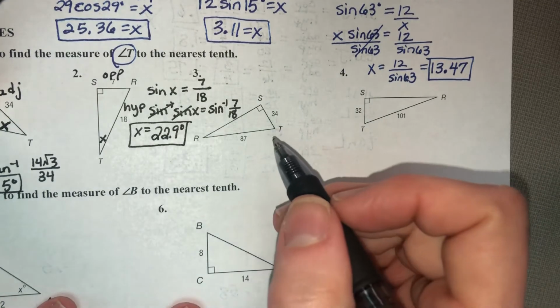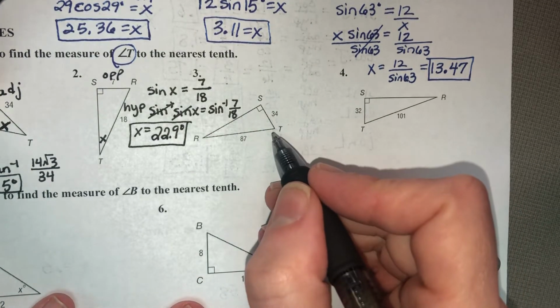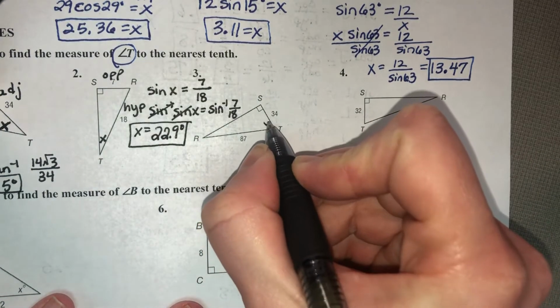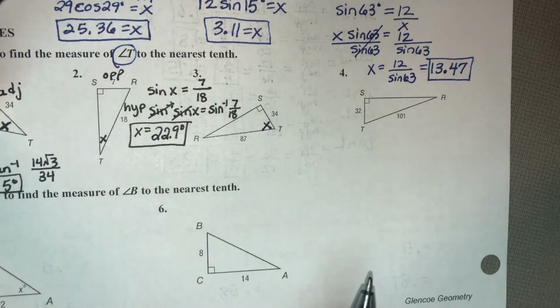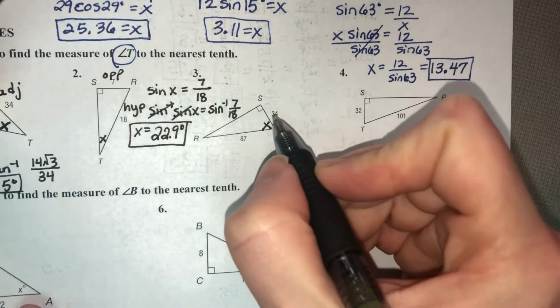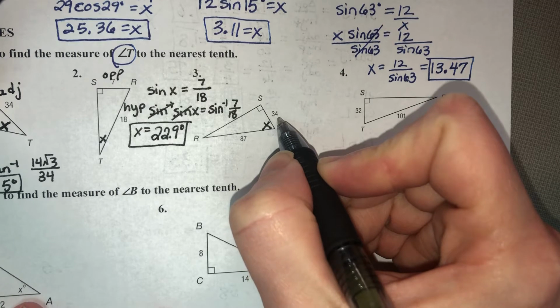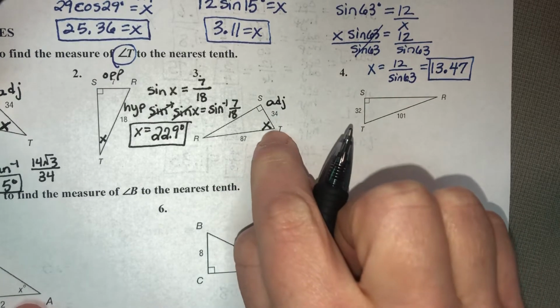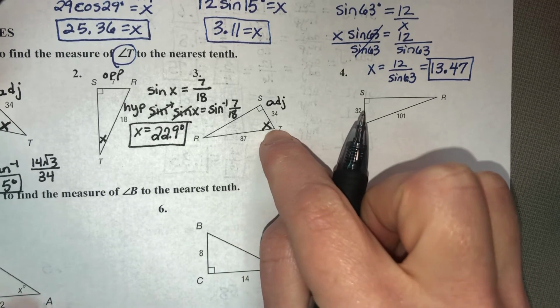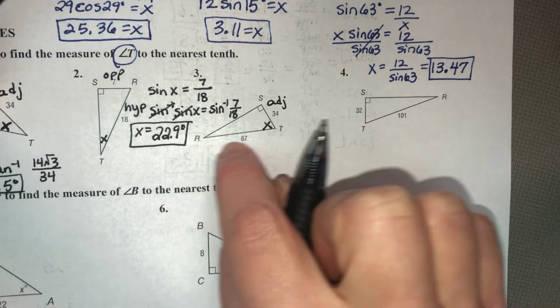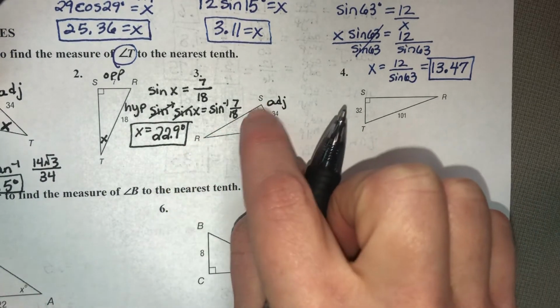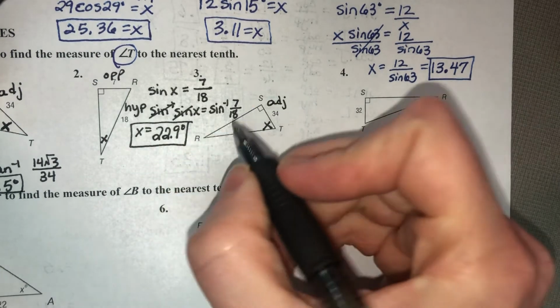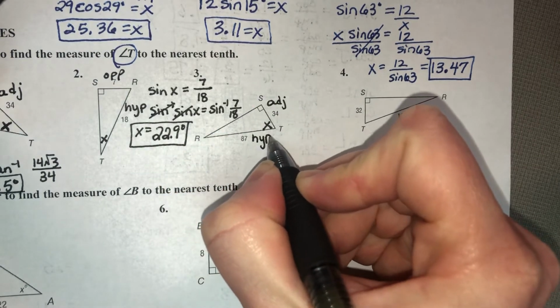Next, number 3. I'm trying to find the measure of angle T. So here's my x. That's where I'm trying to find my missing angle. The side with the 34 on it is the adjacent side because it touches this angle but is not the longest side. It's not the hypotenuse. And the side with the 87 is the one across from the 90, and it is the longest side, so this one is the hypotenuse.